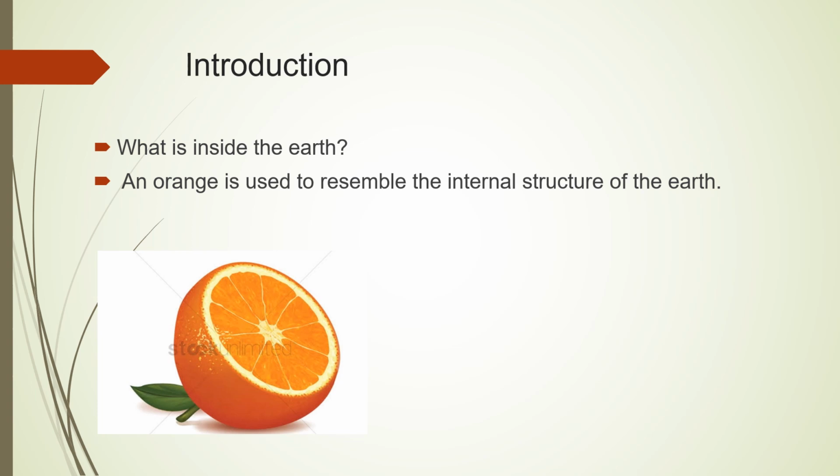So you can see that the outside part is a layer, the whitish part is another layer, the orange part is a layer, the orange inside, not outside, is another layer, and there is a little whitish portion there at the core of the orange. So that one is also a layer. So we're going to find out what's really inside the earth, because yes, we can see how the orange looks inside.